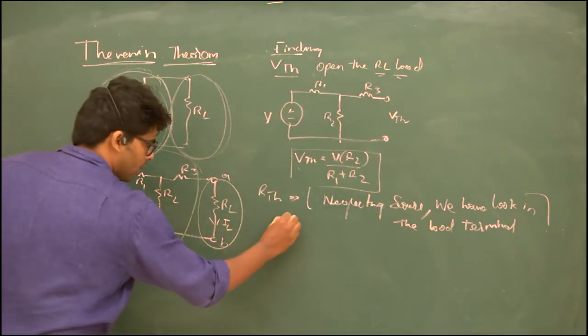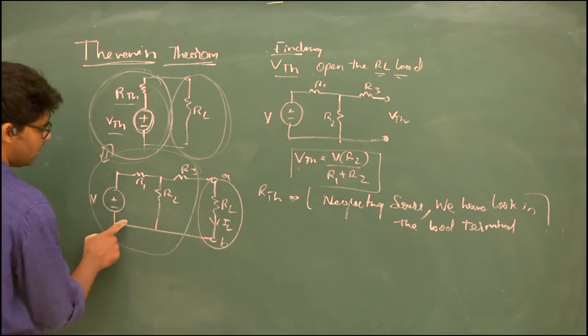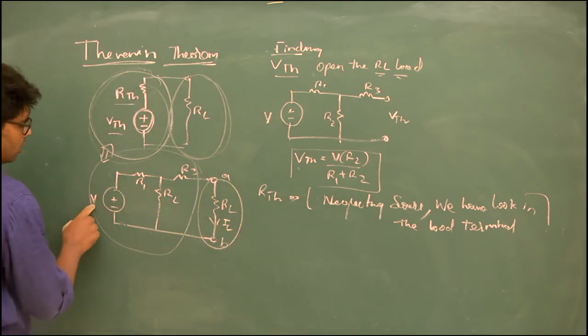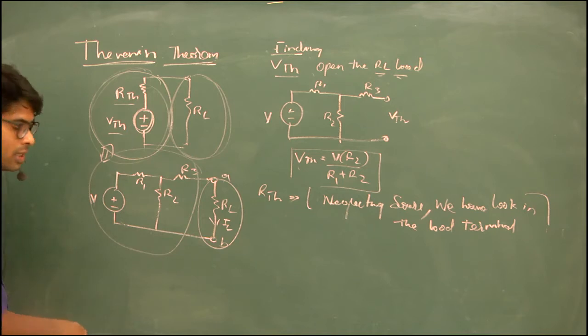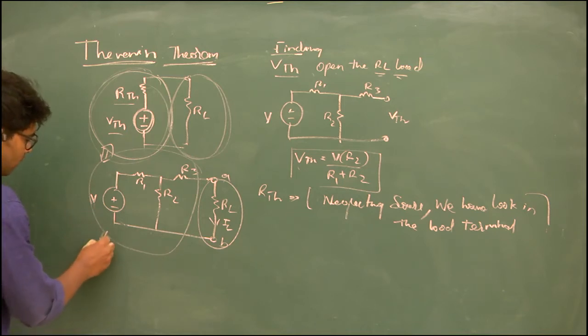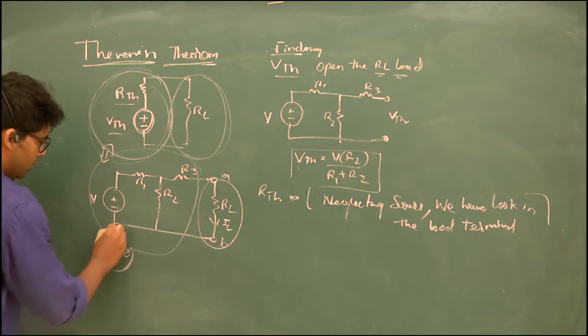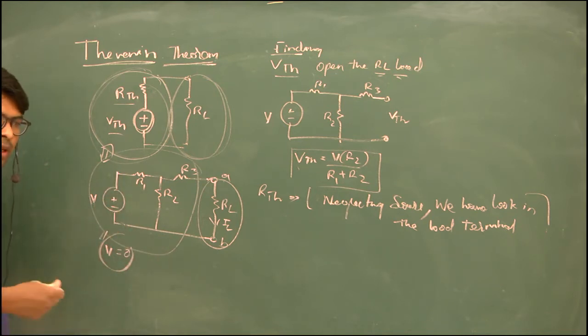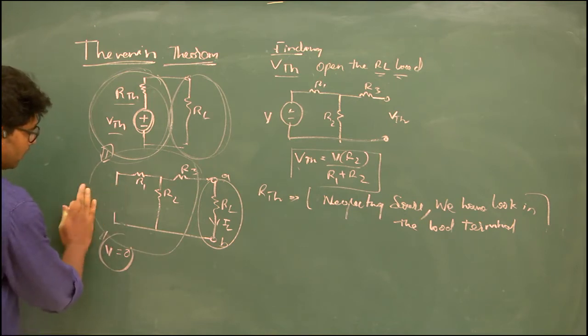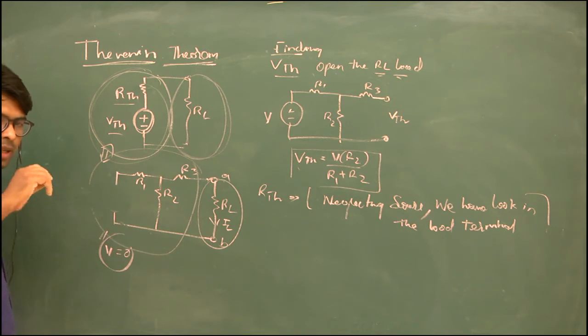Nullifying the source means, for this circuit, this is a voltage source. To make this voltage source V equal to 0, I need to short it. Many people simply open the circuit to remove the voltage source. This is absolutely wrong.